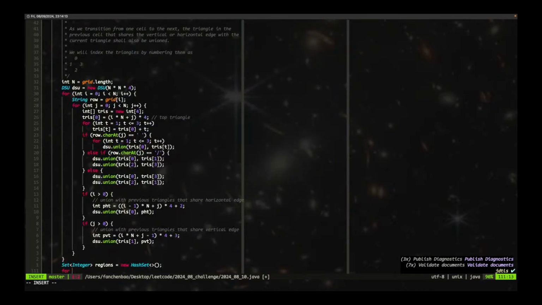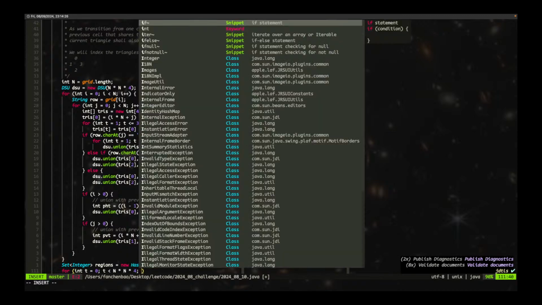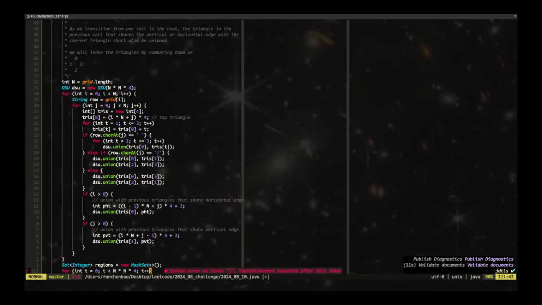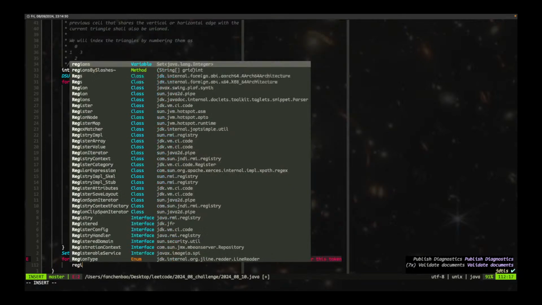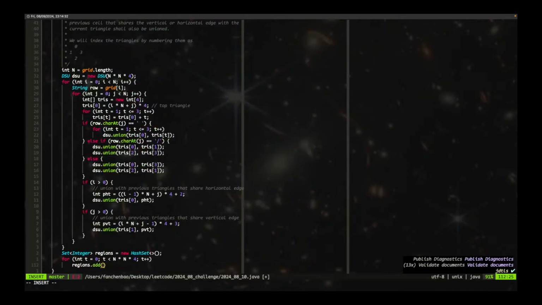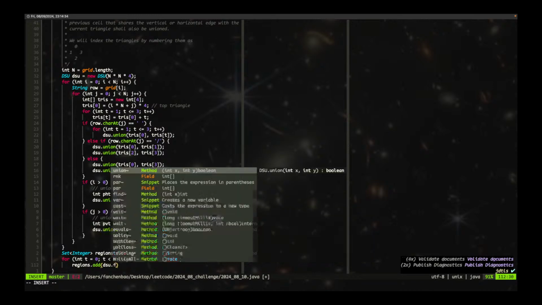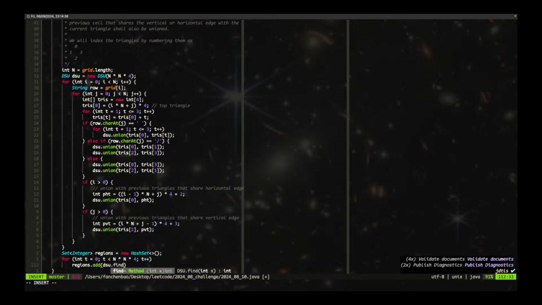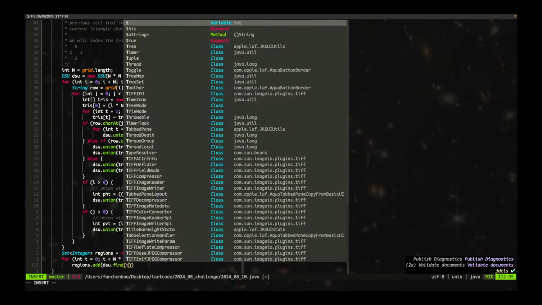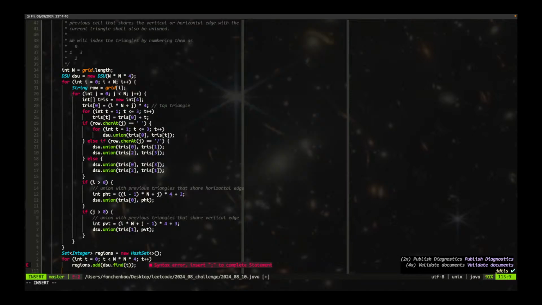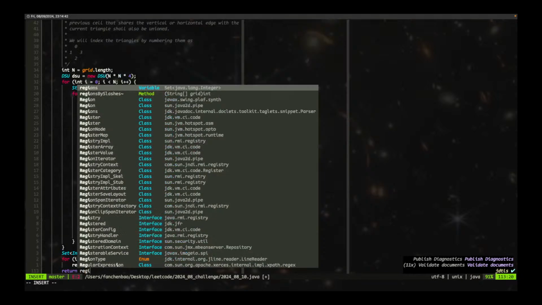And then for int t equals 0, t smaller than n times 4, t plus plus, we do regions.add(dsu.find(t)), and then we return regions.size.